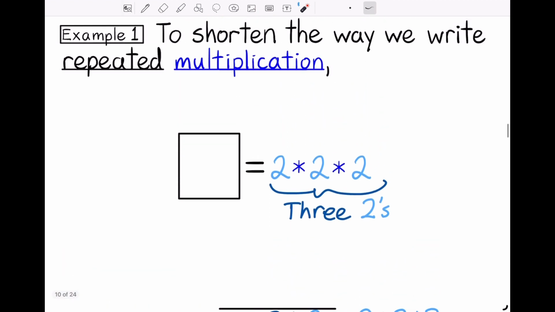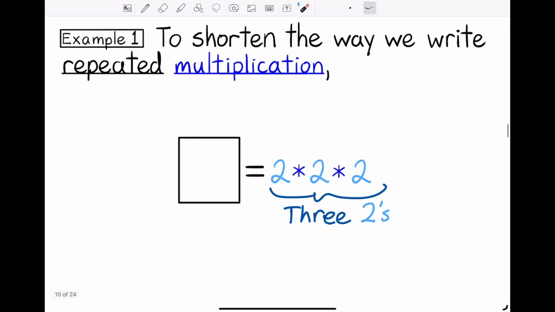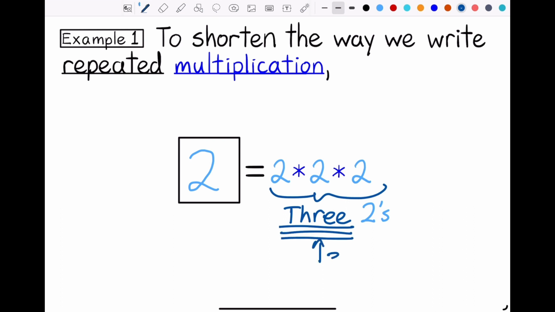Instead, we're going to first write down the number we're multiplying repeatedly, which is 2. And I'm going to write it a little bit bigger just to emphasize that. And then we're going to write down the amount we see 2 appear as a factor, which is 3. And we're going to place this 3 in the upper right hand corner of the 2.